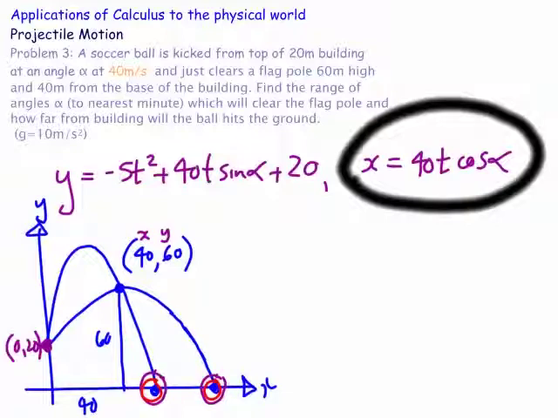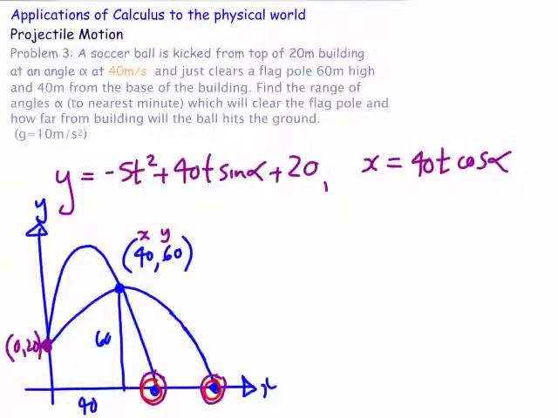And what do we know? We know that y is equal to minus 5t squared plus 40t sine alpha plus 20, and we know its y position is actually 0. So that's going to give us a quadratic equation to solve. So let's try and solve that.